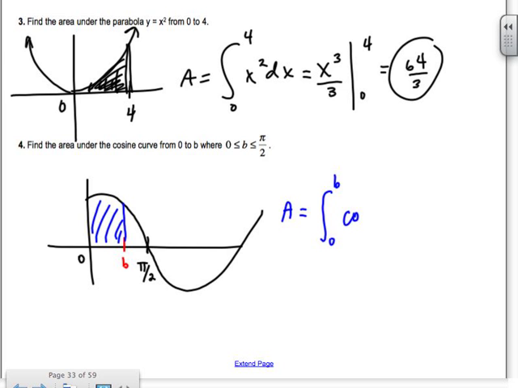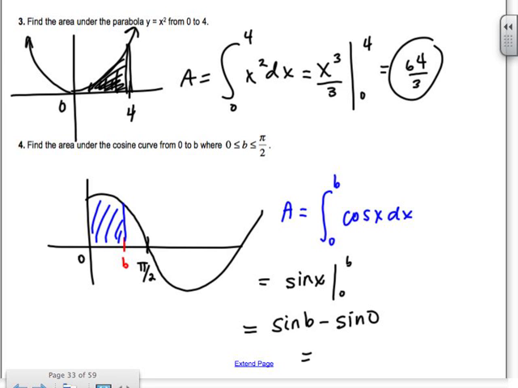If I integrate cosine, so what do you take the derivative of in order to get cosine? Sine. Now it's confusing once you learn antiderivatives, isn't it? So plug in b, so I get sine of b minus sine of 0. Be really careful. I guess this one's okay. But sine of b, and then what's sine of 0? 0.